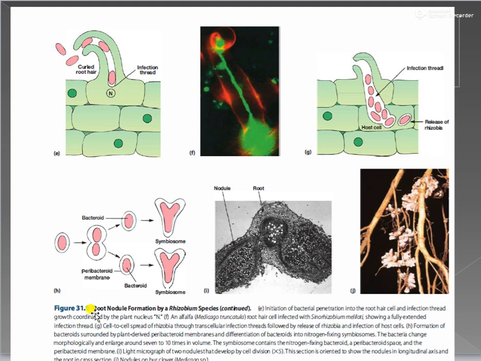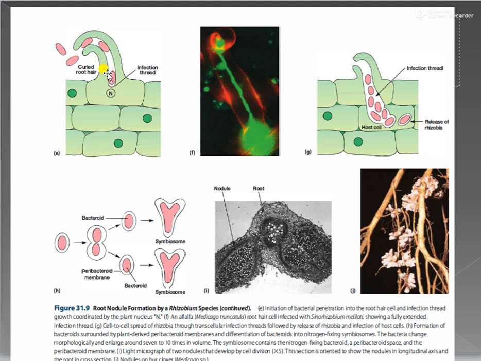You can see that then again the bacteria has to penetrate into the root hair cell, and infection thread growth should happen. So the curling of the root hair has been happening, and the bacteria is coming here. The bacteria comes in, and an infection thread is formed here because the bacteria gets entrapped.